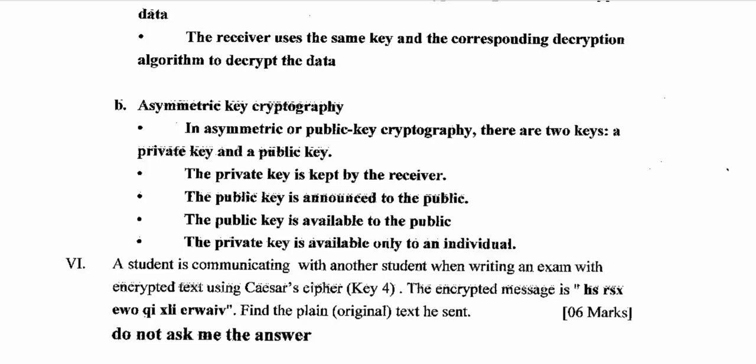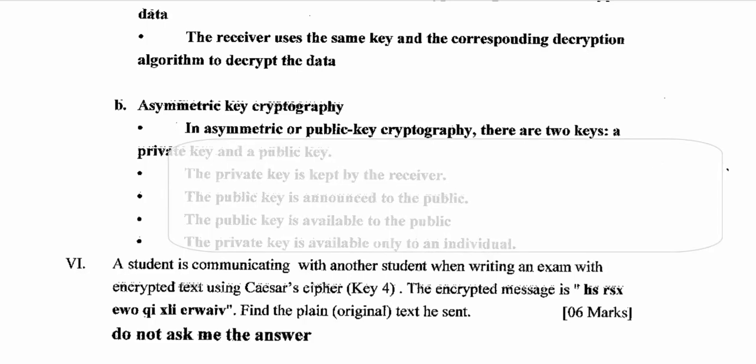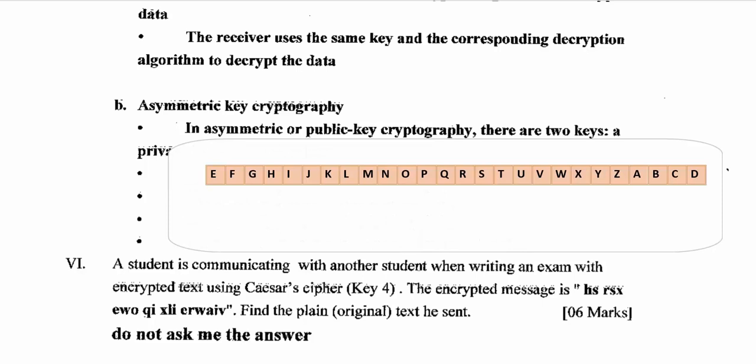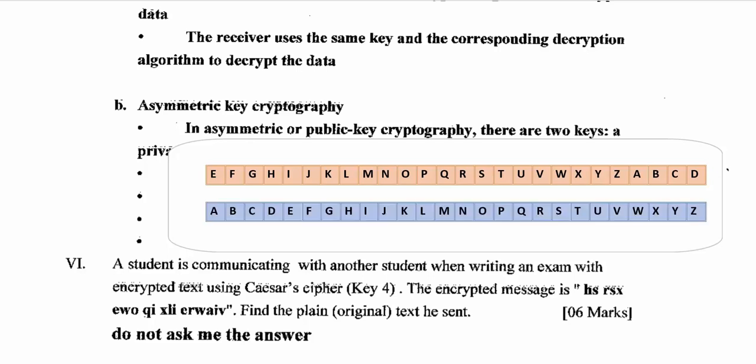What you have to do is first write the Caesar alphabet, which starts from letter E, and then write the original alphabet, which starts with A, and then compare each letter in this given message with the original alphabet.